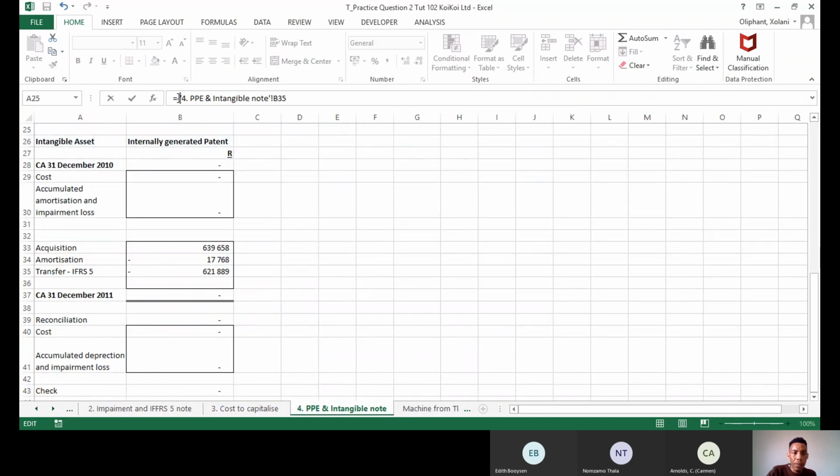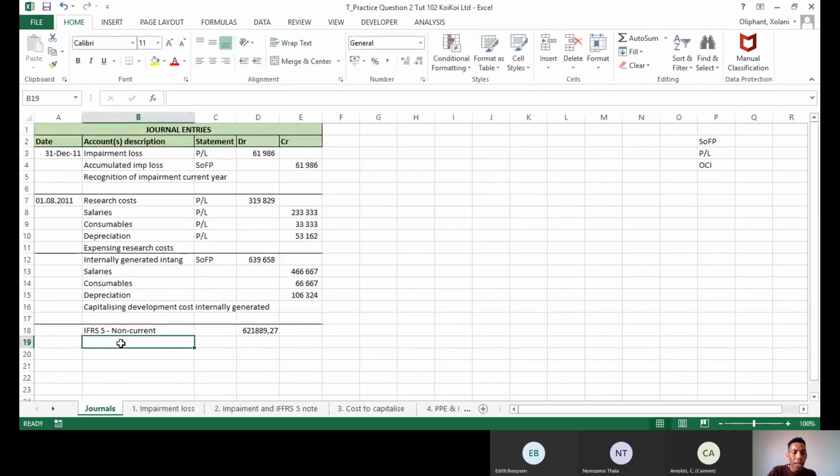Remember initially there was accumulated depreciation that was recognized here, and then we need to take out the cost. So I'm going to say internally generated intangible at cost. The cost initially would have been 639, if I remember correctly.